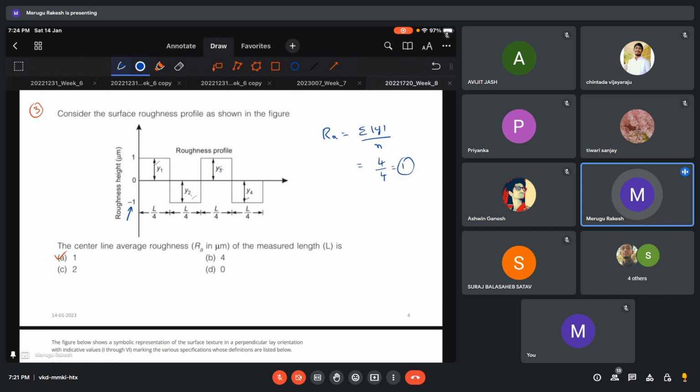Here, instead of area, they have given you the peak and valley heights. So the individual area will be L by 4, multiplied 4 times, divided by L. Correct? Yes.